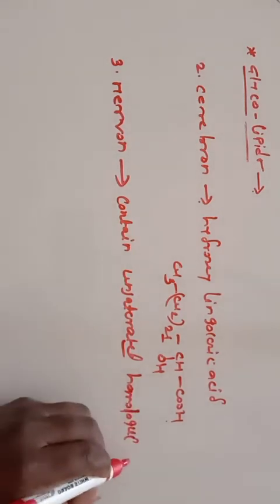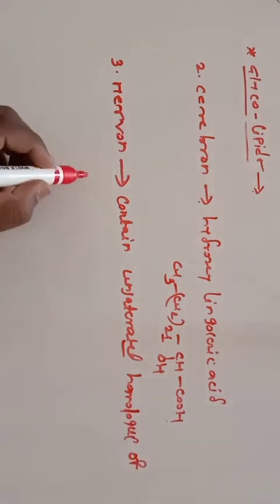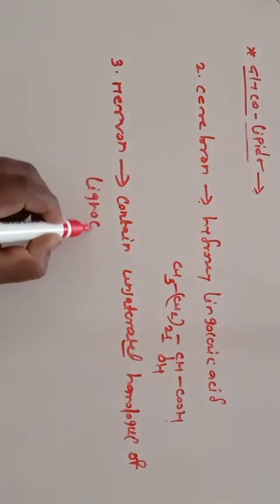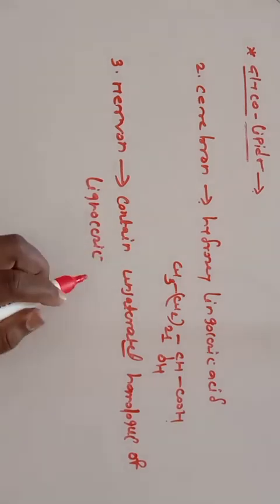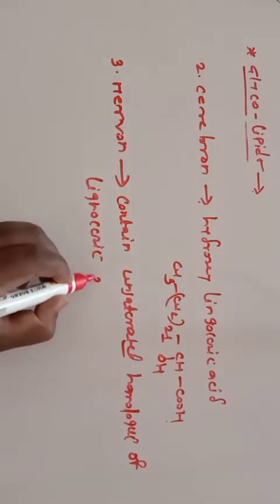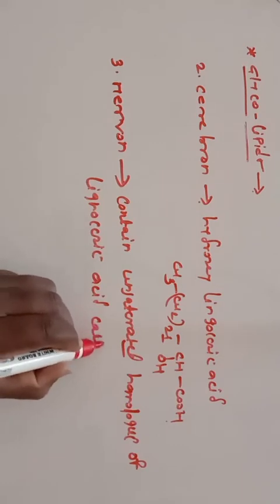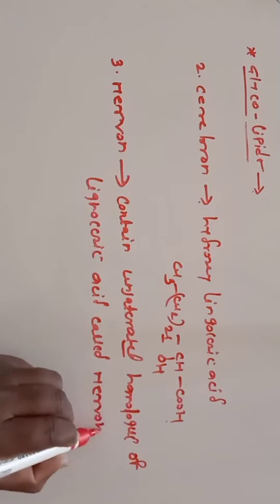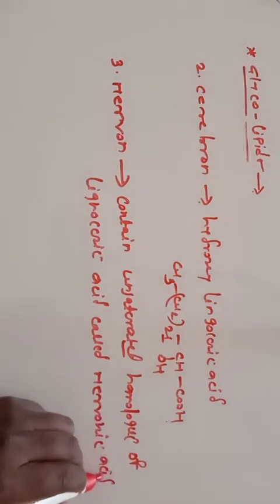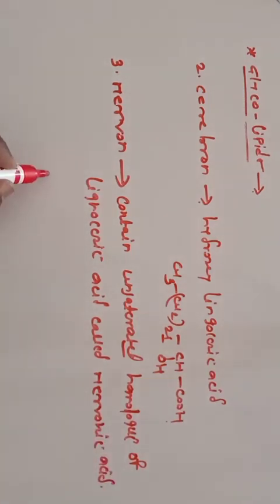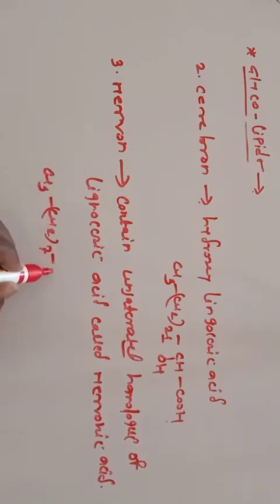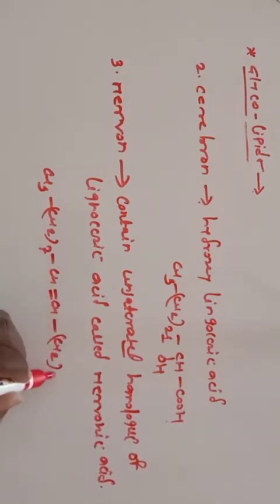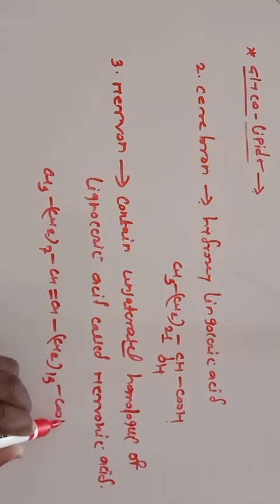If you see its formula, it is CH3 (CH2)7 CH=CH (CH2)13 COOH.